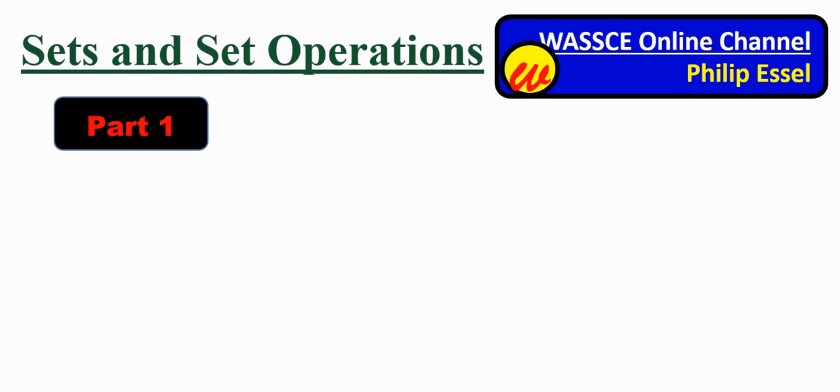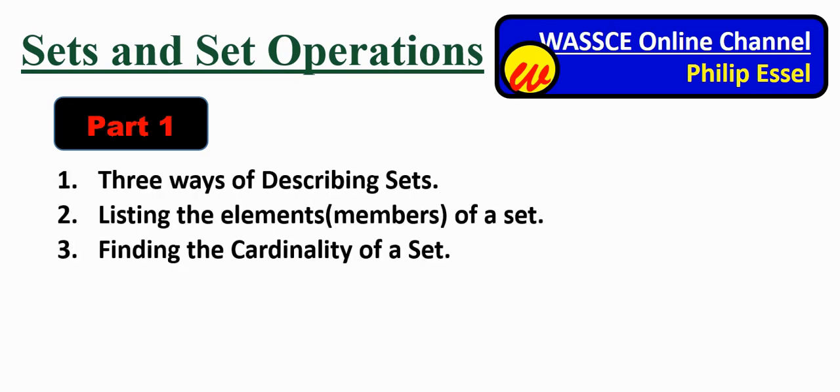In part 1, we'll be looking at 3 main headings. 1, we'll look at 3 ways of describing sets. Number 2, we'll look at how to list the elements or the members of a set. Then finally, we'll look at how to find the cardinality of a set.